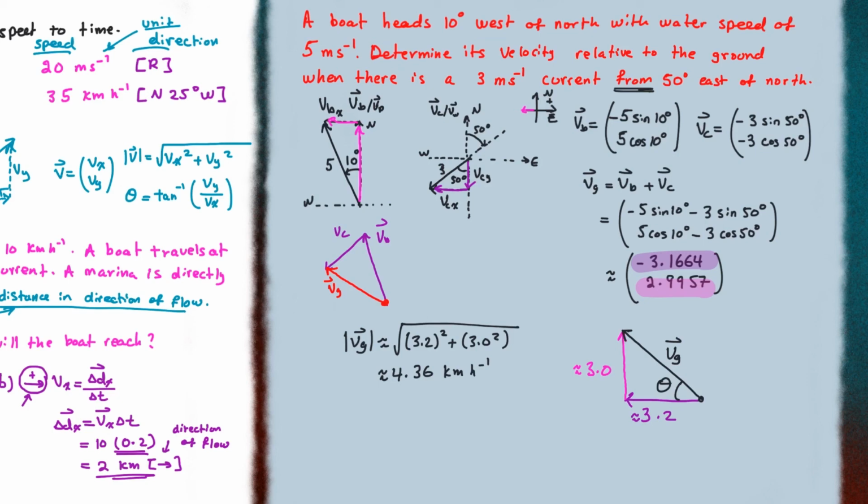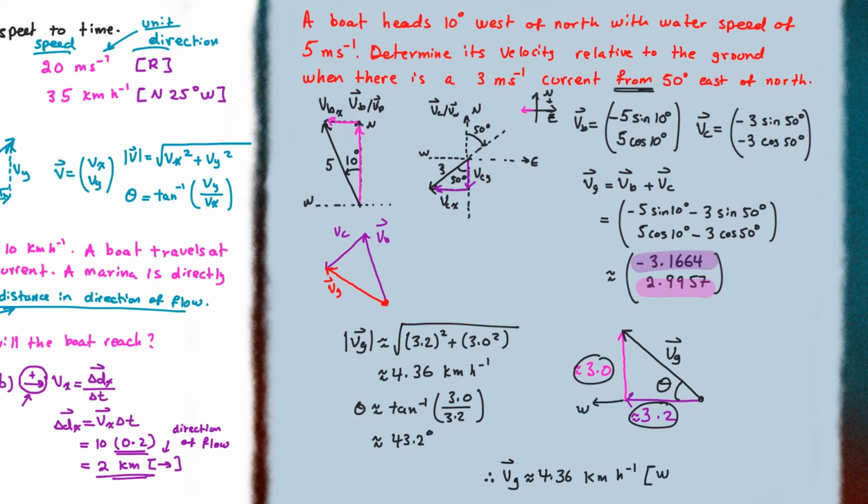And since we have the opposite and adjacent sides to the angle, we know that theta is the tan inverse of 3 divided by 3.2, so it gives us an angle of 43.2 degrees. Putting everything together, the ground velocity is approximately 4.36 kilometers per hour in the direction of the west, and from west it is 43.2 degrees towards north, and that is our final answer.